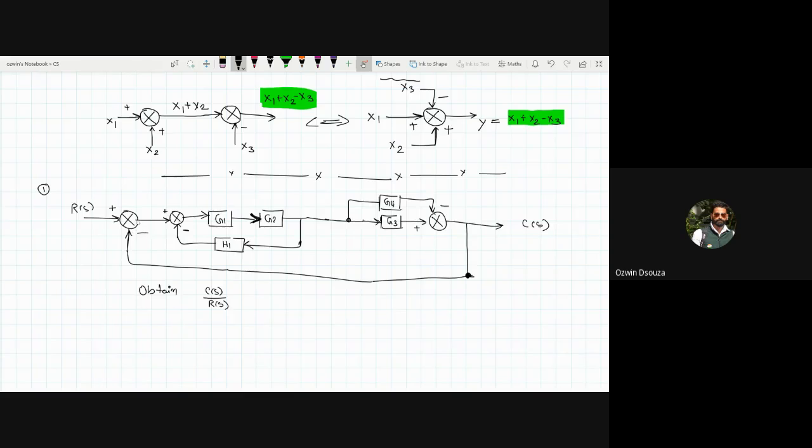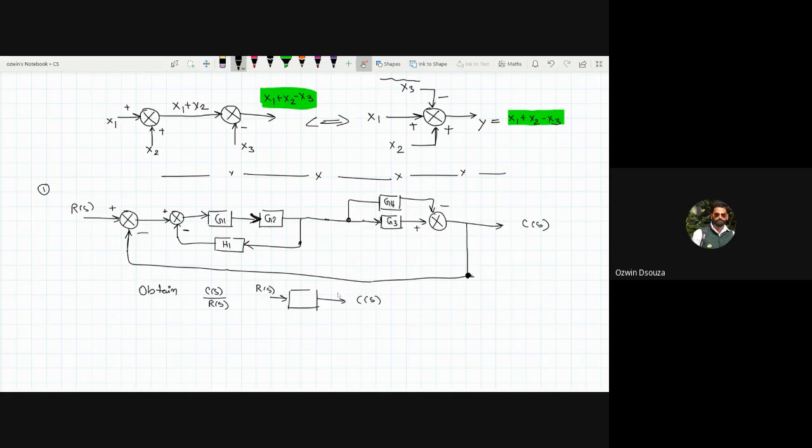If you see there are 3 summing points, and 6 blocks, right? So in the end, what you have to do is obtain a single block which will have an input signal R of S and an output signal C of S.